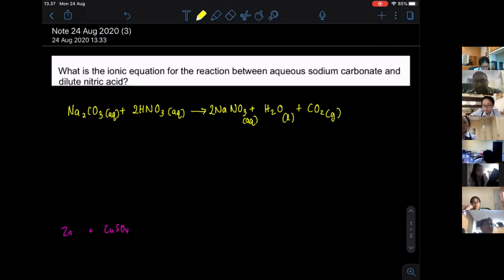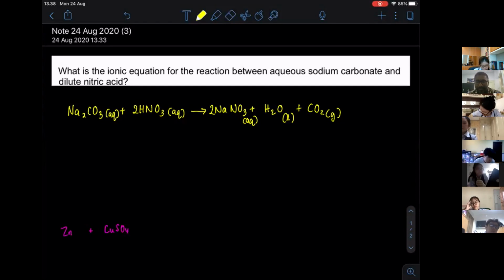Now, when you want to write the ionic equation, take note of this here. Whenever it is in aqueous form, it means that the ions can separate into anions and cations. But when they are in solid form, which is going to be precipitate, we won't be able to separate them into ions.